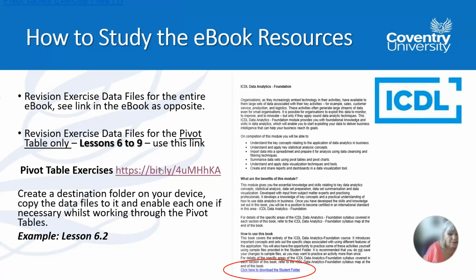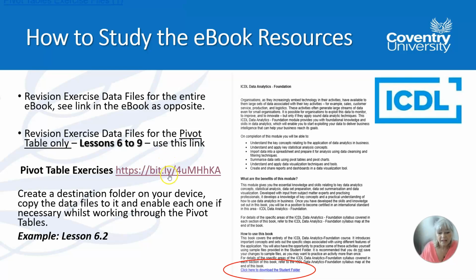So what I'm going to do though, is I'm going to show you once you've downloaded, gone to this link and you've downloaded those files, they need to once again be on your device and using them from your laptop or computer, so that you're not using them straight from the SharePoint where I've popped them for you. So make sure that everything that you access with regard to the data files you actually put onto your device.